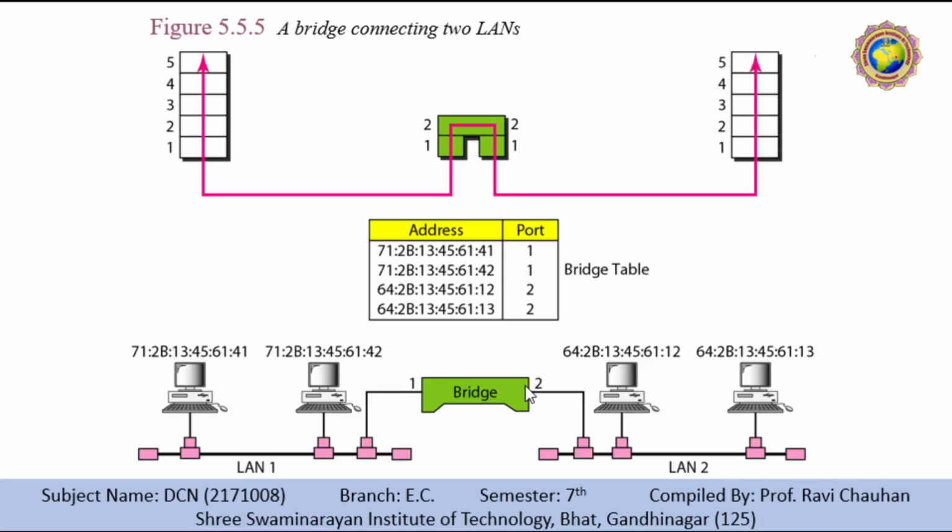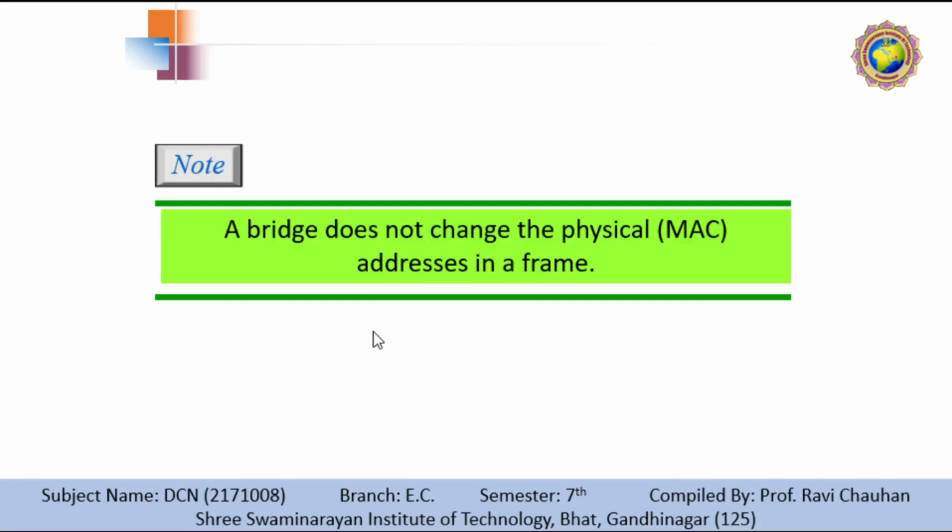In reality, a bridge usually has more ports. You also note that a bridge does not change the physical address contained in a frame. So we can say that a bridge does not change the physical or MAC address in a frame.